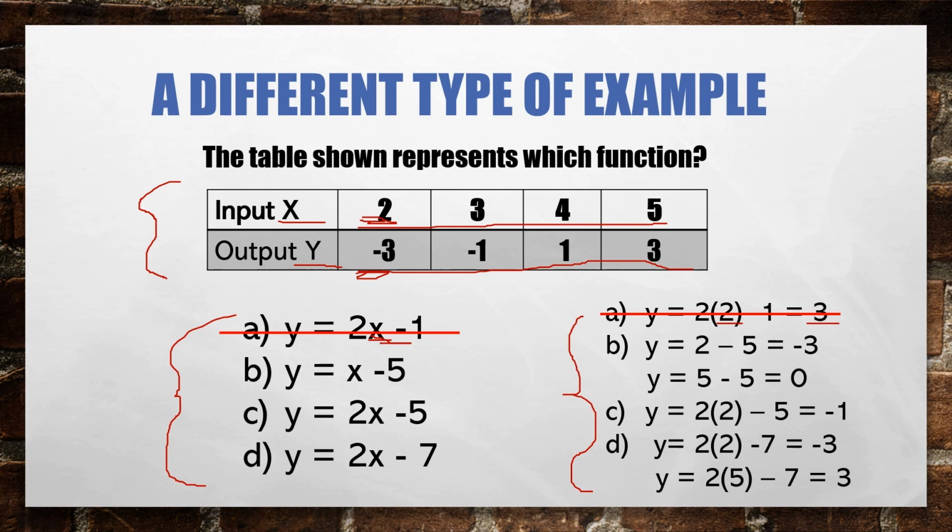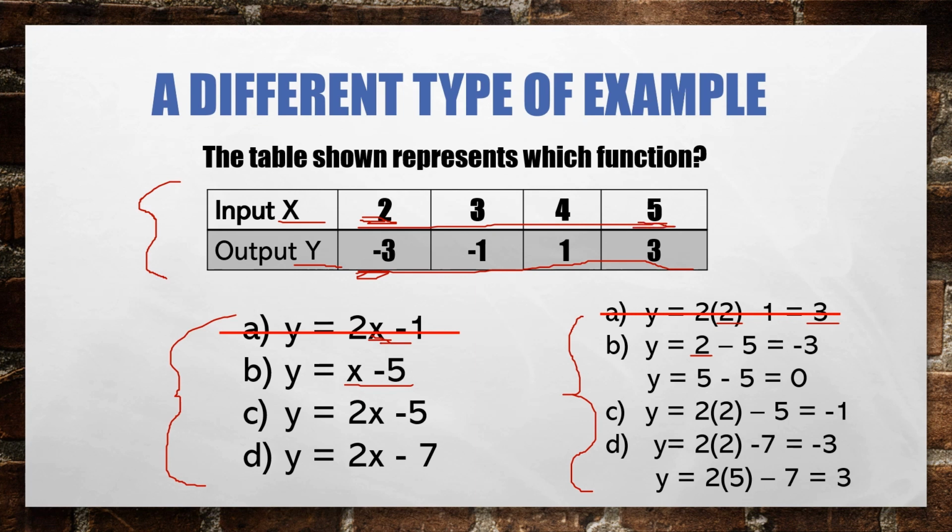So I move to the next function, y equals x minus 5. And wherever I have an x, I'm going to put a 2 in its place. So over here, I end up with 2 minus 5, and that gives me a negative 3. Oh, looks like that might be the correct one. But I think we should double check and do one more number just to make sure we've chosen the right function.